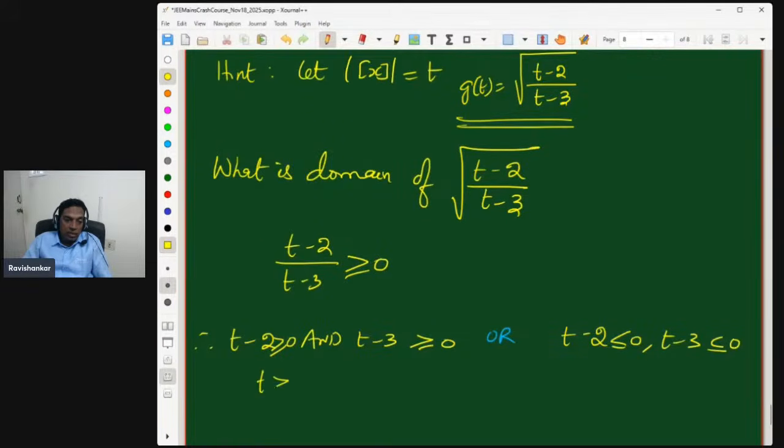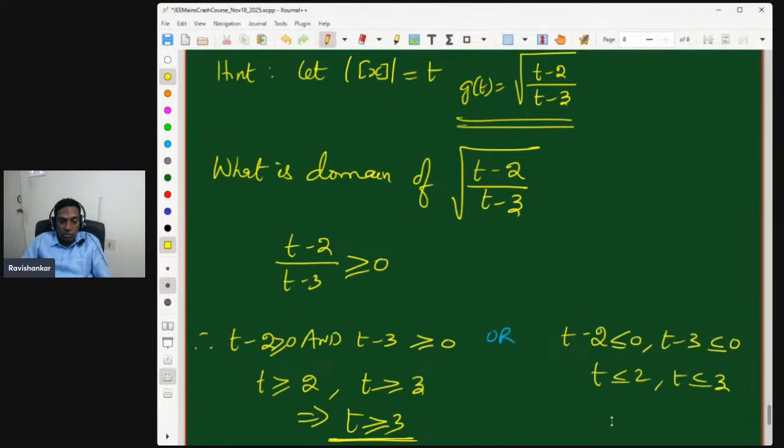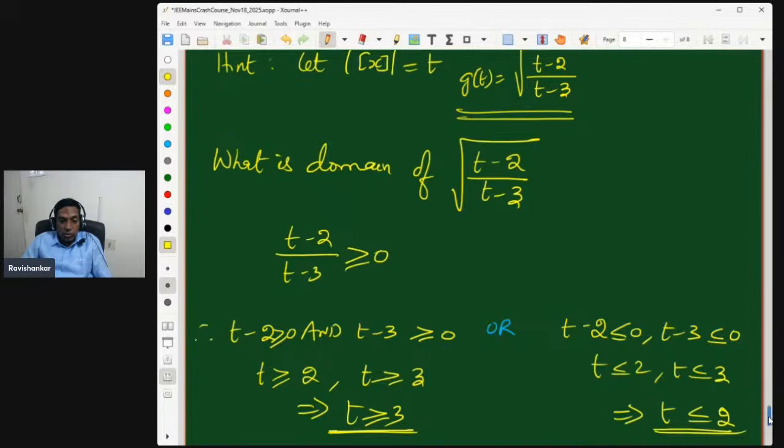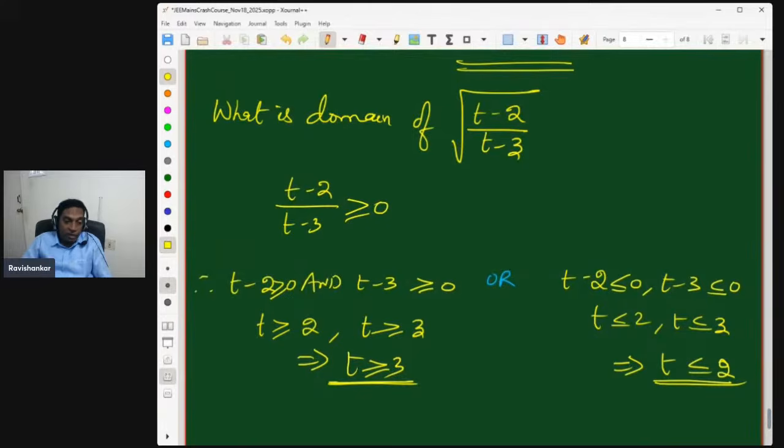Okay, that means t greater than or equal to 2, t greater than or equal to 3, which implies t greater than or equal to 3. This is t less than or equal to 2, t less than or equal to 3, which implies t less than or equal to 2. So finally, we want t greater than or equal to 3 or t less than or equal to 2. But t equal to 3 is not possible, because t equals 3 is not allowed, as the denominator will become 0.